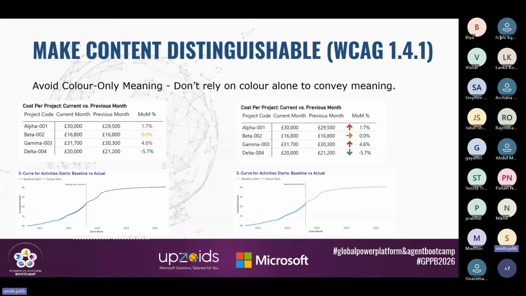Now, sometimes the charts do not allow us to add anything else other than color. So for that, we can use the definition of accessible colors, which means there's a combination of colors that together have enough contrast between themselves for you to distinguish that there are different colors.